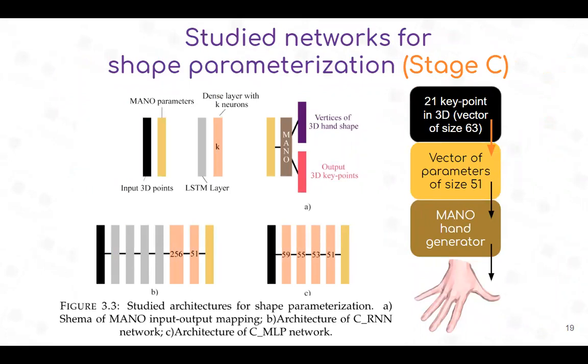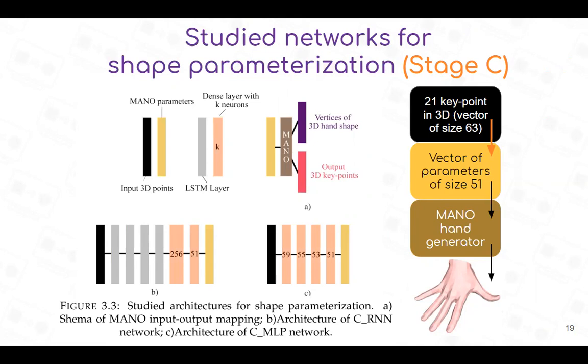Then we need to somehow find this parameterization of the realistic hand surface. First we tried a lot of different multi-layer perceptron type architectures with dropout, without dropout, multiple depths, but in the end we found that all of them failed to find those parameters based on 3D key points. So it was decided to use networks similar to those used in language translation, where we have one sequence and need to somehow translate it to some new space.